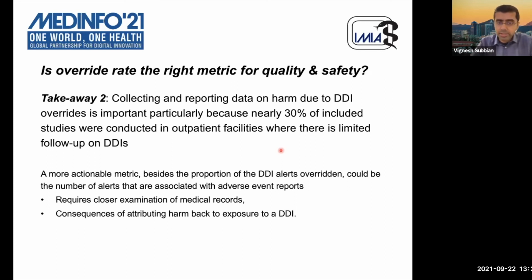So perhaps a more actionable metric would be, in addition to whether the alert was overridden or not, the number of alerts that were associated with adverse event reports. That might be more useful, impactful, and actionable. However, there are a couple of challenges there. This requires closer examination of the health records. And there are also consequences of attributing harm back to exposure to a particular drug-drug interaction.